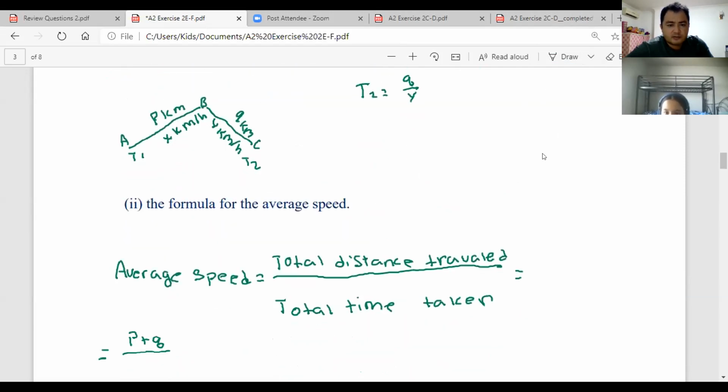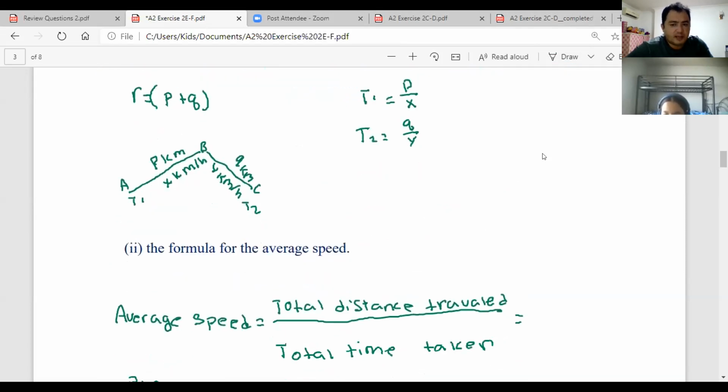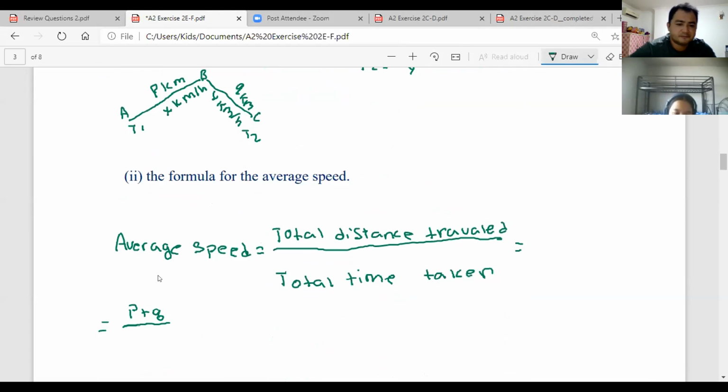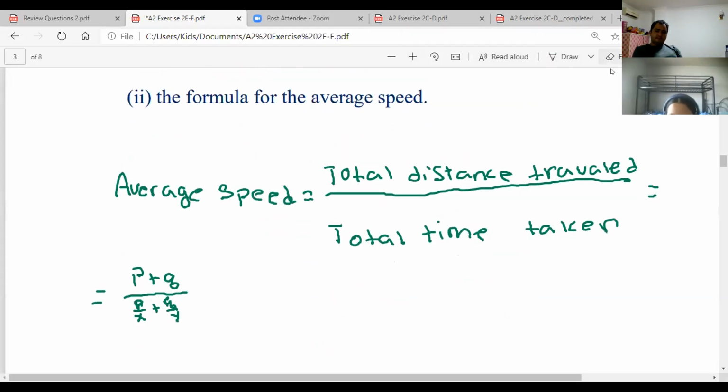So it's P over X plus Q over Y. P over X plus Q over Y. Oh, that's small. Okay, let me just correct that.